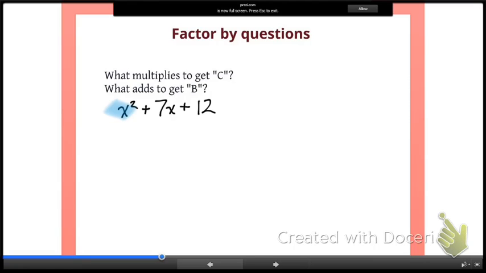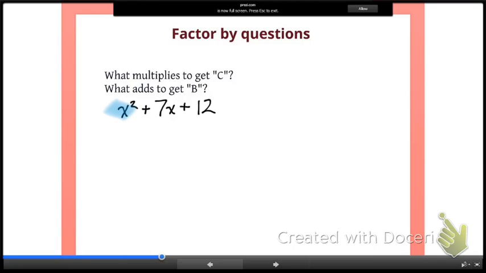Therefore, we have x squared plus 7x plus 12. Our a term would be our x, or our 1 in front of the x. Our b term would be 7, and our c term would be 12. Okay, so now that we have that in our minds, we can ask ourselves, what multiplies to get 12 and adds to get 7? Well, 6 times 2 gets 12, but that doesn't add to get 7.